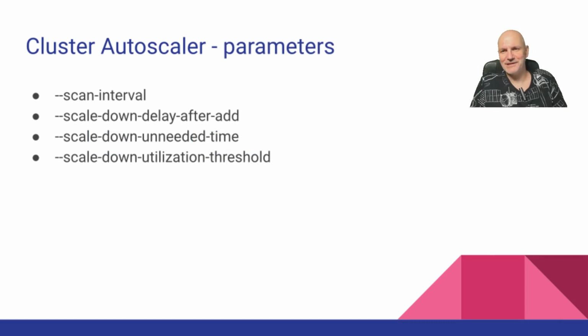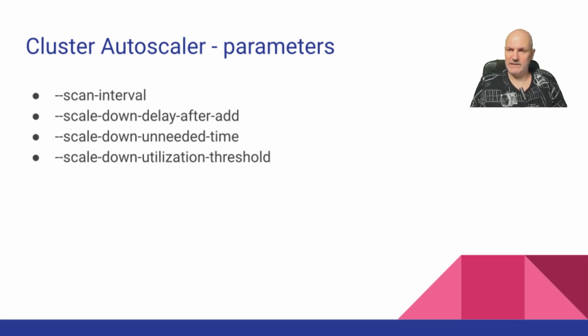This list enumerates some of the important cluster autoscaler parameters you should consider when troubleshooting or fine-tuning your autoscaling setup. Scan interval sets the frequency of scale-up or down evaluations. It defaults to 10 seconds and should be reduced for quicker reactions to changes in workload amount.